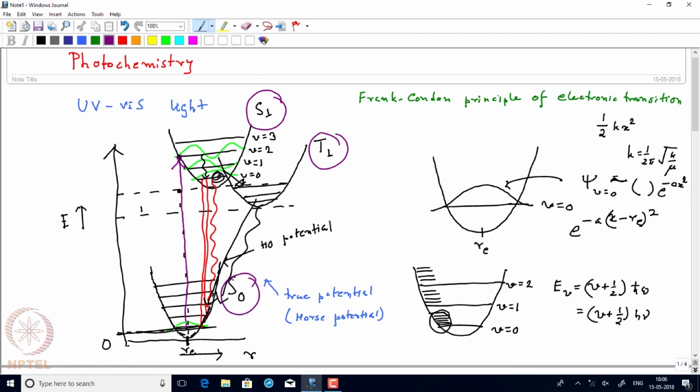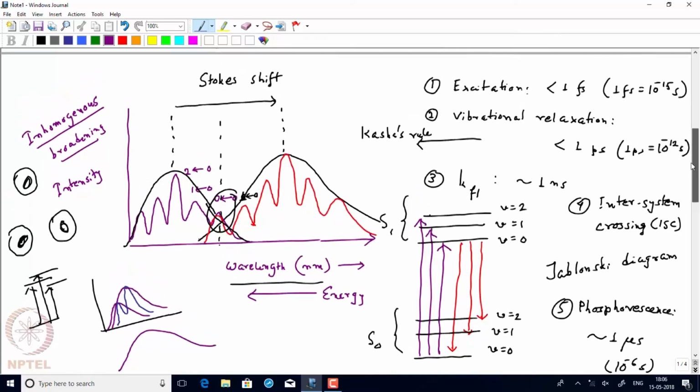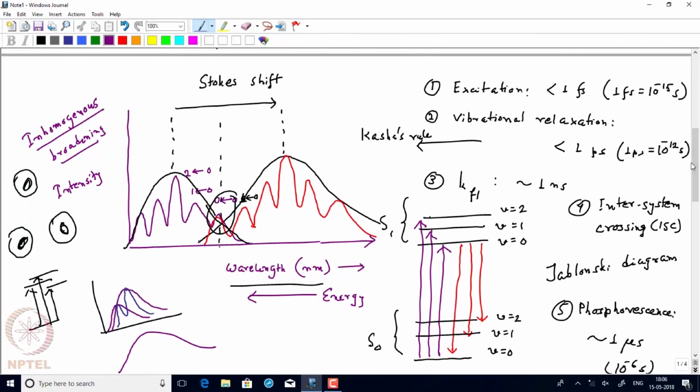But since the ground electronic state is a singlet, it is spin forbidden, so the transition lifetime will be increased, and this radiative lifetime usually falls in the order of microseconds. That we call phosphorescence.